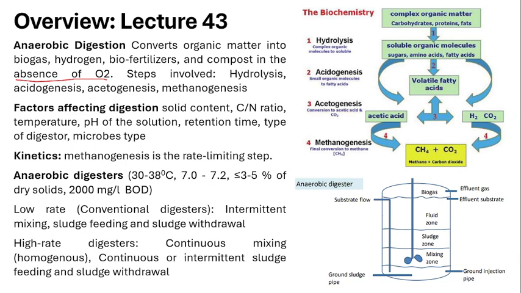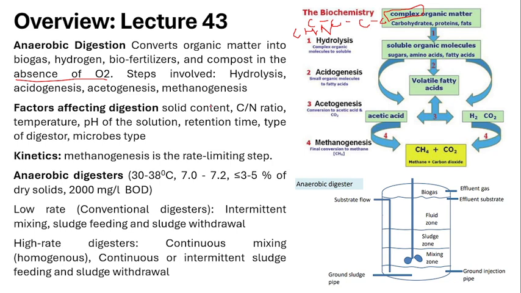If you see this figure, the first step is the hydrolysis. What is happening in the hydrolysis is that initially in our sludge, complex organic matter will be there. Complex indicates longer carbon chain containing compounds, or compounds having a complex structure.